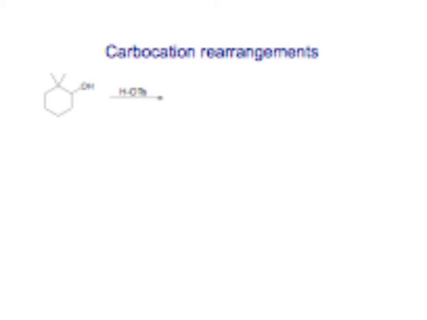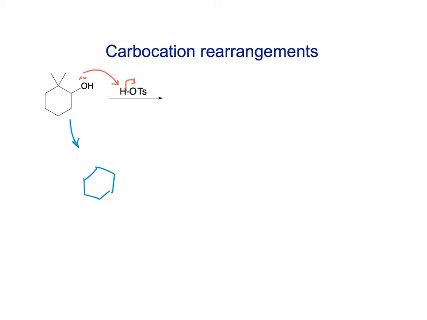Notice we have this secondary alcohol on a position next to a more highly substituted position. So like before, we first protonate the alcohol. The water can leave to form a secondary carbocation.